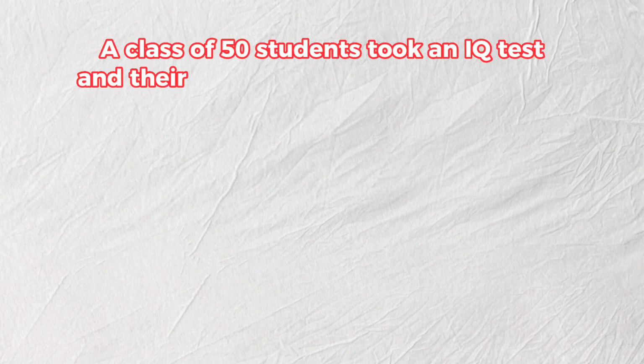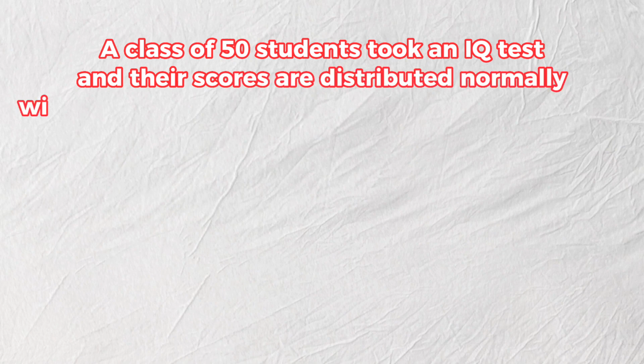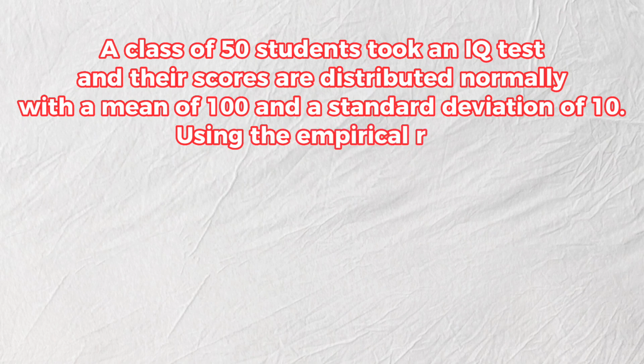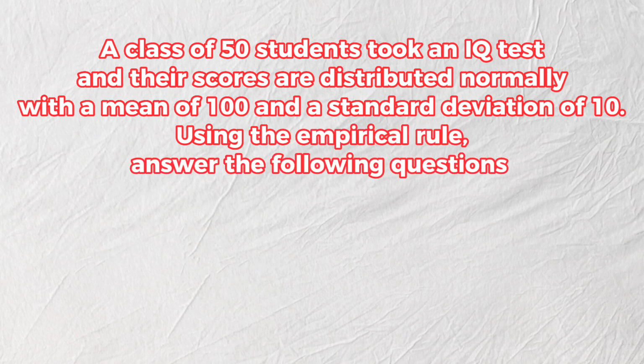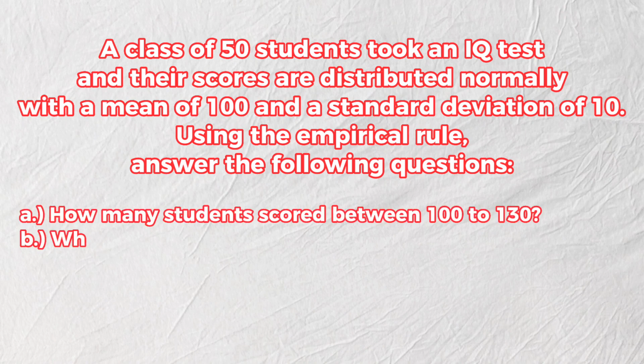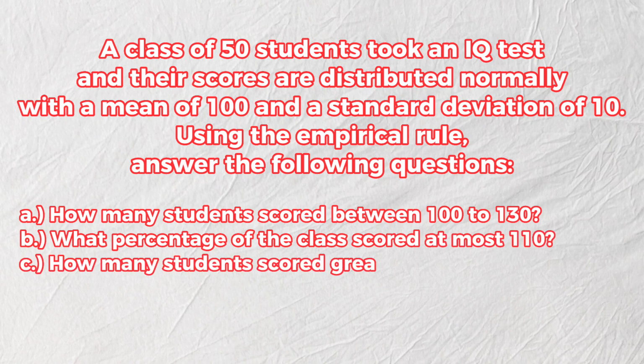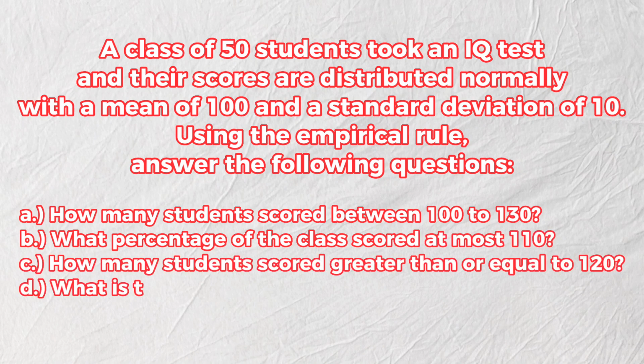Now let us move on to the example. A class of 50 students took an IQ test and their scores are distributed normally with a mean of 100 and a standard deviation of 10. Using the empirical rule, answer the following questions. A. How many students scored between 100 to 130?